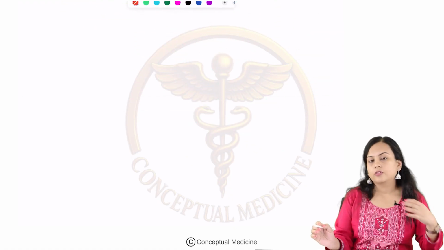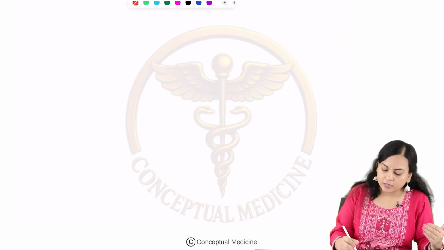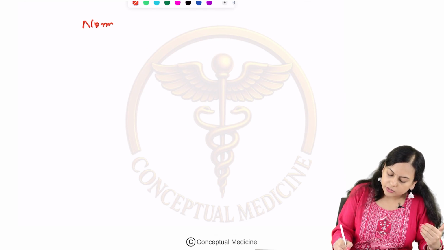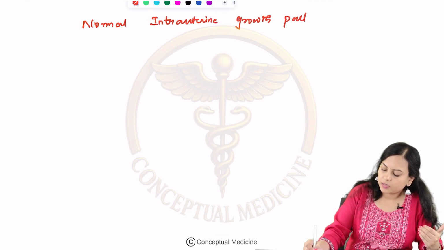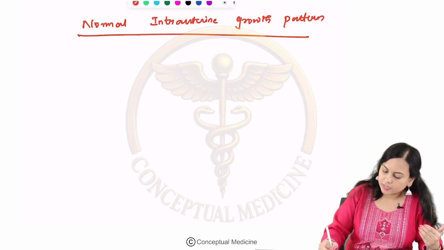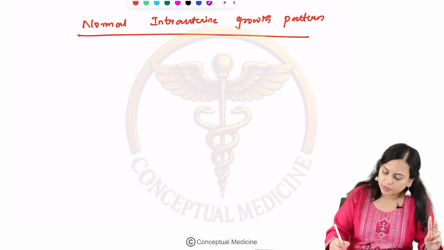Okay. Now, generally if we see the normal intrauterine growth pattern, it can be classified in 3 stages. Okay.